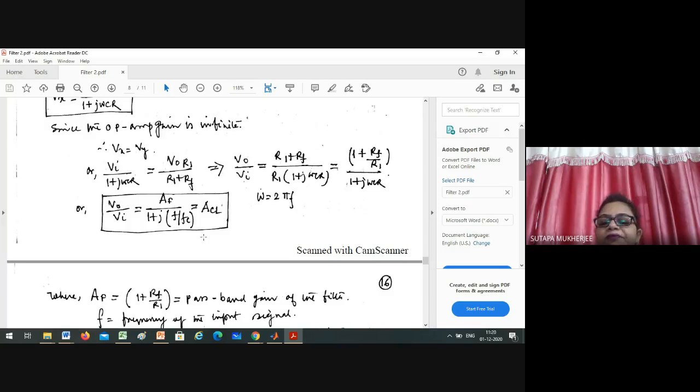On the basis of the frequency, আমরা যে ডেফিনিশনটা দিলাম ফিল্টারের, সেখানে আমার ডেফিনিশন কি ছিল? এদিকে ছিল ফ্রিকোয়েন্সি, ওদিকে ছিল গেইন, রাইট না? Yes, ma'am.